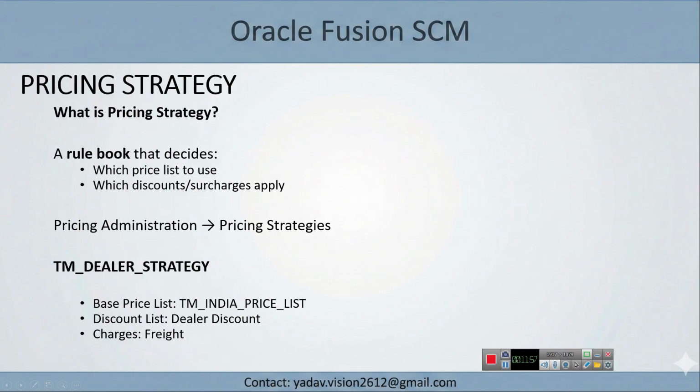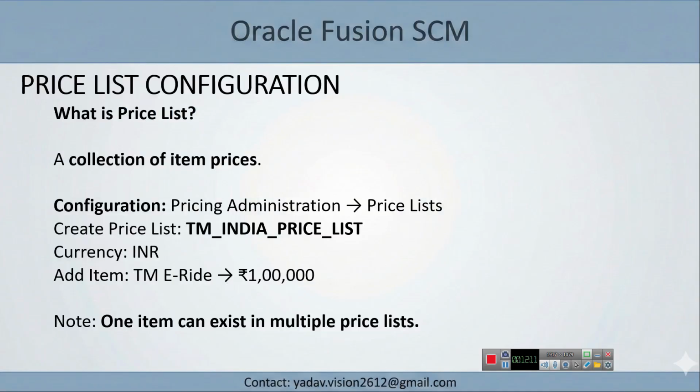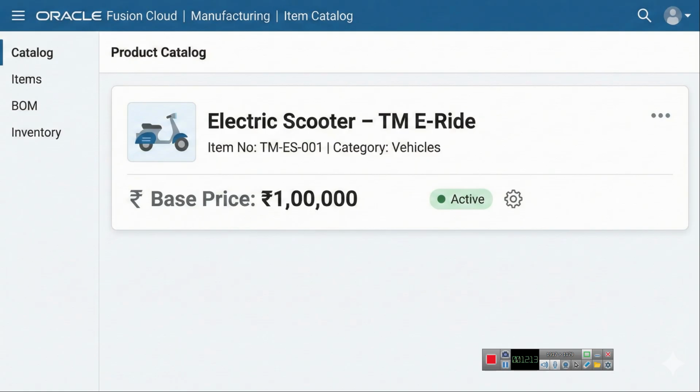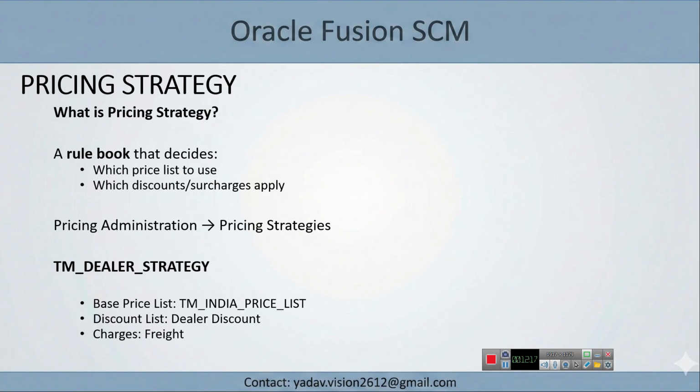So this is the navigation: pricing administrator and pricing strategies, where you can define them. Remember, right now we are in the pricing strategies. We have completed pricing segments and price list. So price list, pricing segments and pricing strategy.